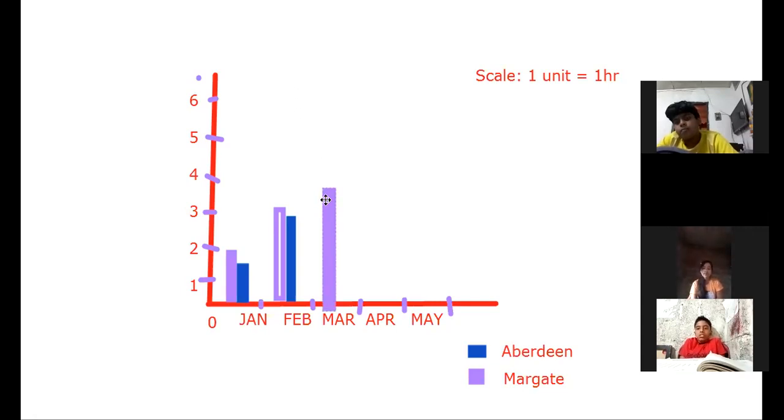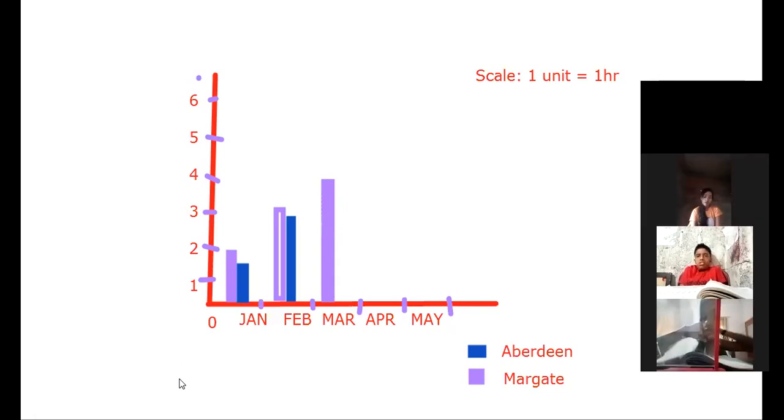It is 3 1/2. Then what should be the point 3 1/2 on our vertical axis?